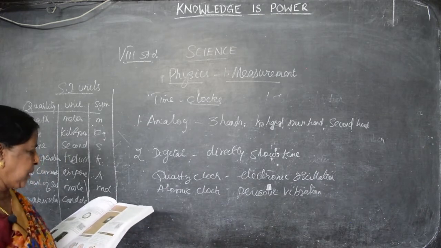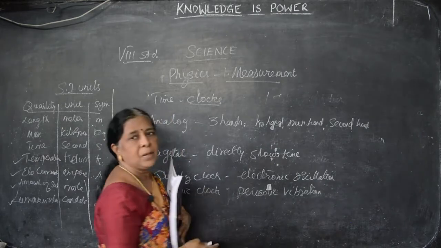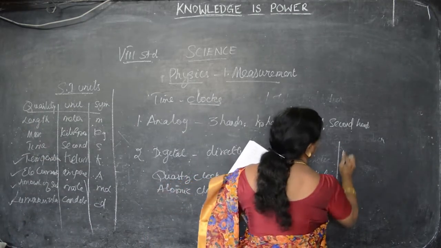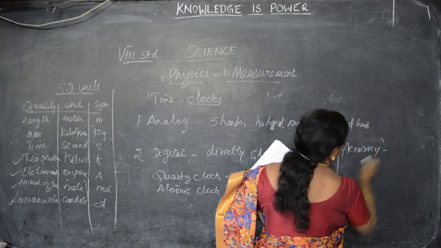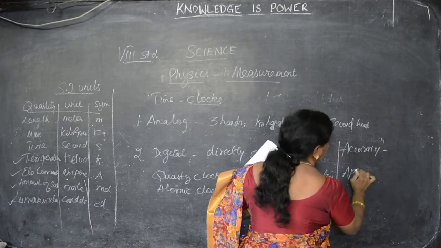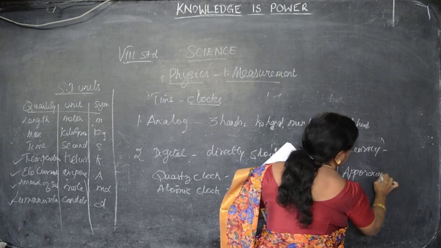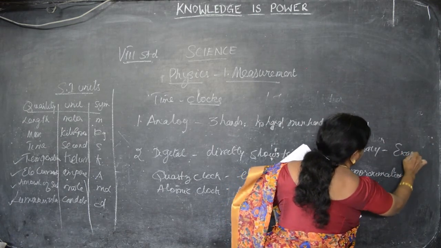Then further we have to see accuracy and approximation. Accuracy means exact. Approximation may be nearby. With accuracy, we are saying the exact time.